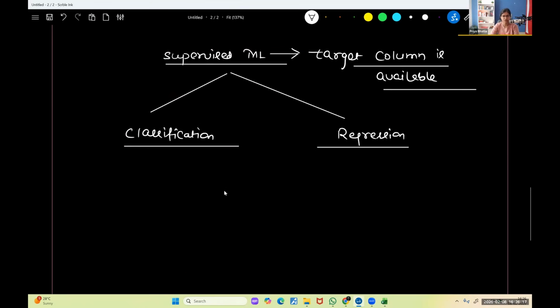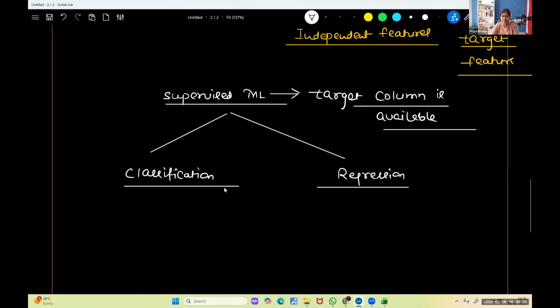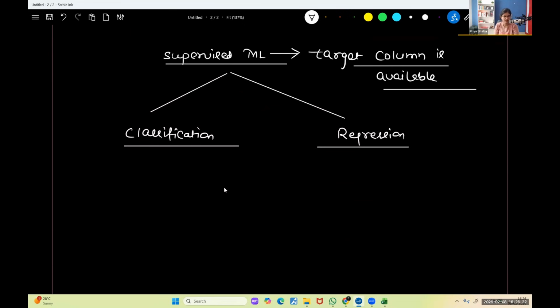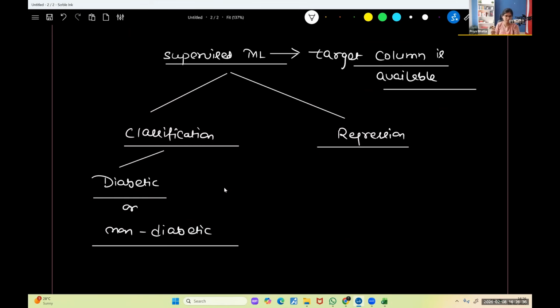When we say classification, our main job is to classify the two entries, whether the patient is diabetic or non-diabetic, whether the person will go for a play or not, whether the rain will happen or not. All of these specific use cases come under the category of a classification task. Is this something clear to everyone?